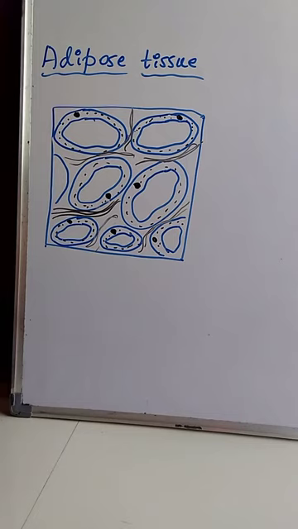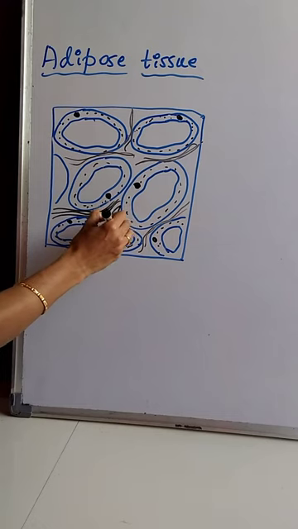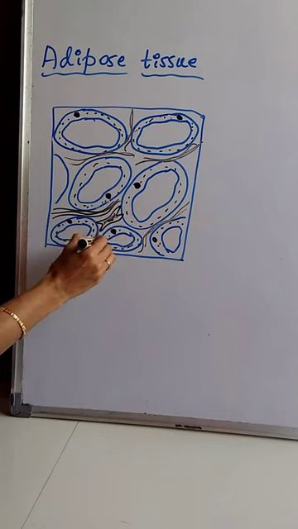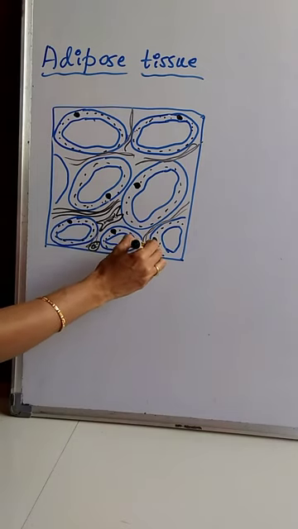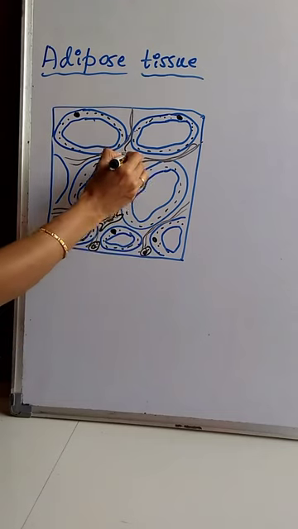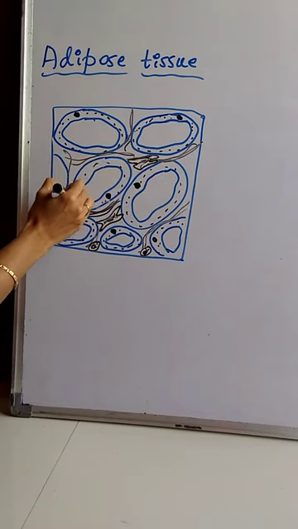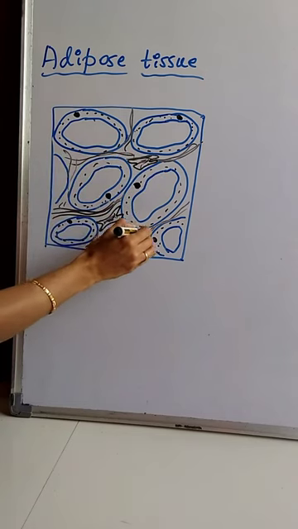Other than this, in the matrix, cells are also present, like macrophages and fibroblasts. Fibers and various cells.